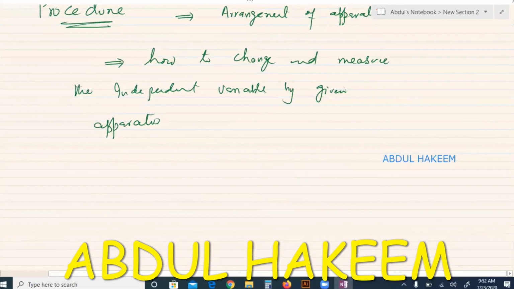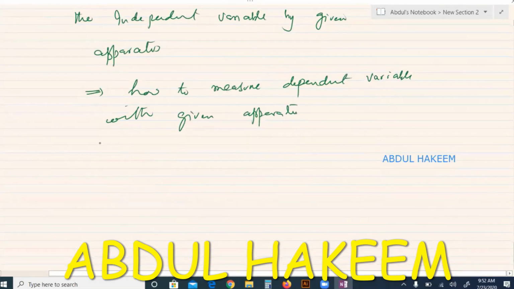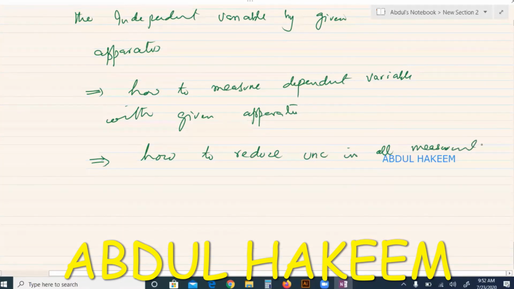We have to give support to the diagram, and then we have to write how to measure dependent variable with given operators. And then we have to explain how to reduce uncertainties in all measurements.